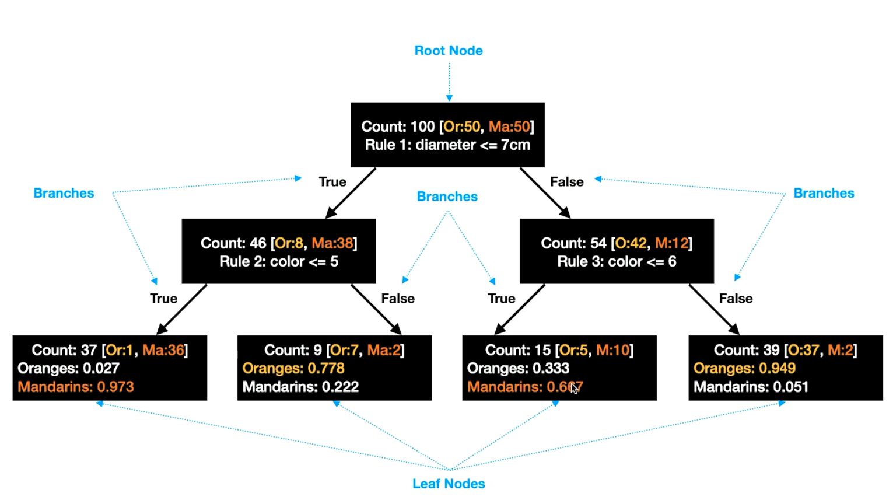In the second one, where the diameter is bigger than 7 centimeters and the color is less than 6, most of them are mandarins. And on the other side of the branch, the diameter is less than 7, but if the color is less than 5, most of them are mandarins, and if the color is higher than 5, then they are oranges. So this is another example of decision tree implementation.